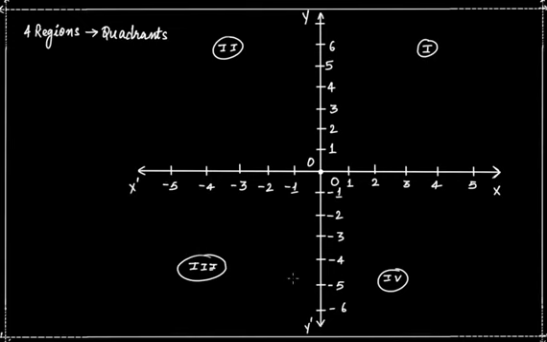And we have these four regions due to these two axes, XOX dash and YOY dash. These two axes are called coordinate axes.